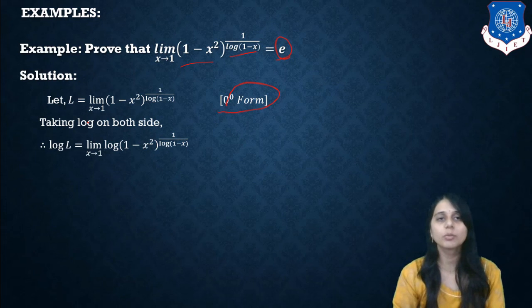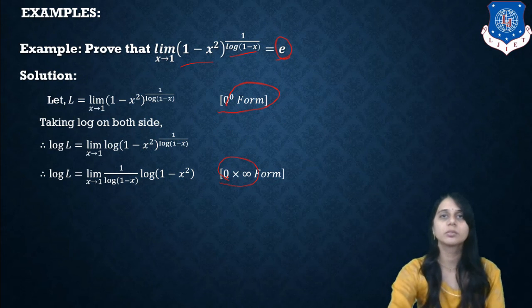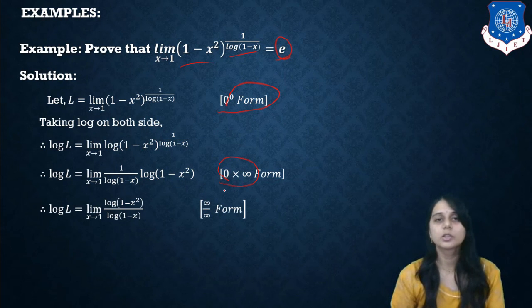After applying log on both sides and using the log property, log L equals the limit as x tends to 1 of 1 upon log(1 minus x) times log(1 minus x square). Now it becomes a 0 to infinity form. It is log(1 minus x square) upon log(1 minus x), so it is an infinity by infinity form.